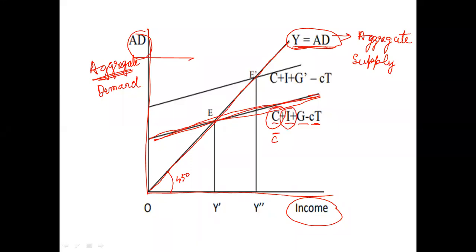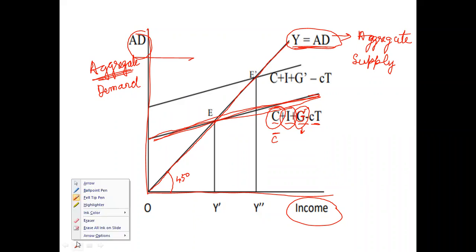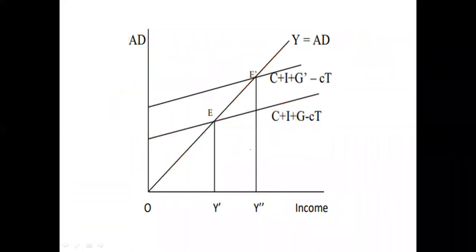I is autonomous investment. G is government expenditure. We did not study G in the earlier chapter. We left G because G will be studied in this chapter. So G means government expenditure.